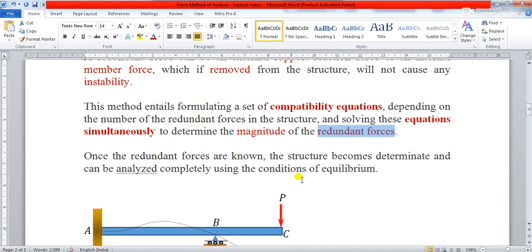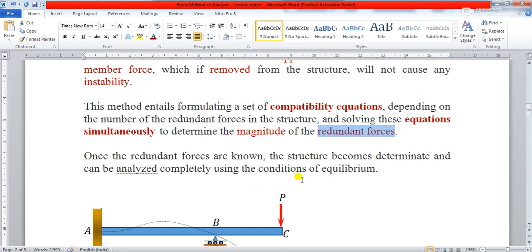Once you know all the forces, then the structure becomes determinate and can be analyzed completely using the conditions of equilibrium. Indeterminate means what? The number of reaction components either in the form of internal or external reaction components, you don't know those reaction components, but when you solve for the redundants using the compatibility equation, in that case what will happen?